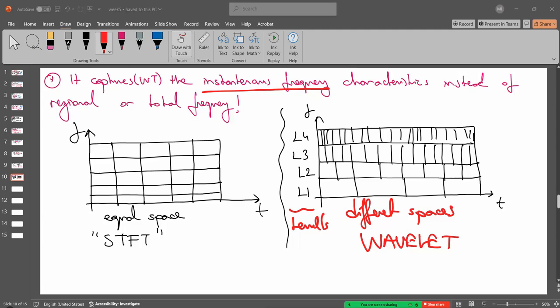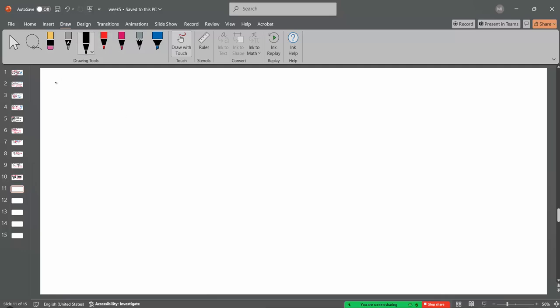Okay? So, the general formula can be given with this one.